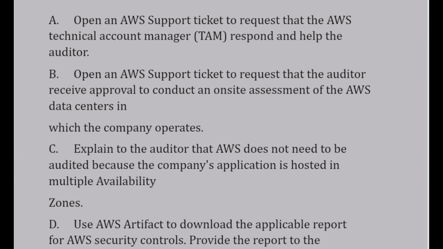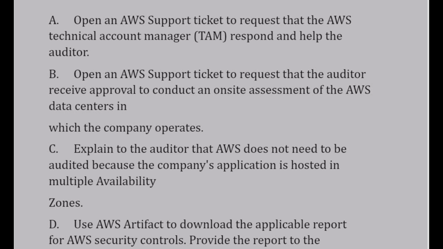Option A, open an AWS support ticket to request that the AWS Technical Account Manager TAM respond and help the auditor. Option B, open an AWS support ticket to request that the auditor receive approval to conduct an on-site assessment of the AWS data centers in which the company operates.